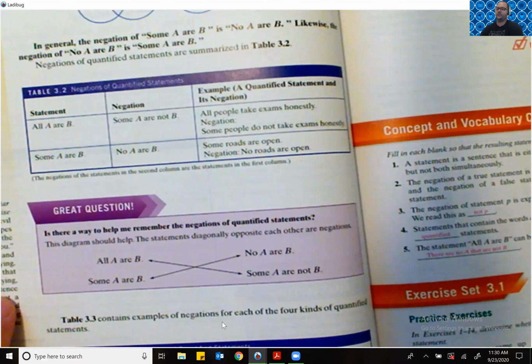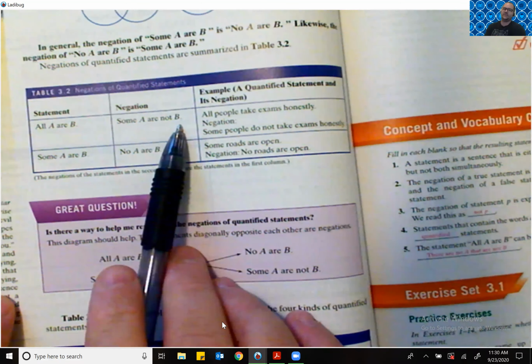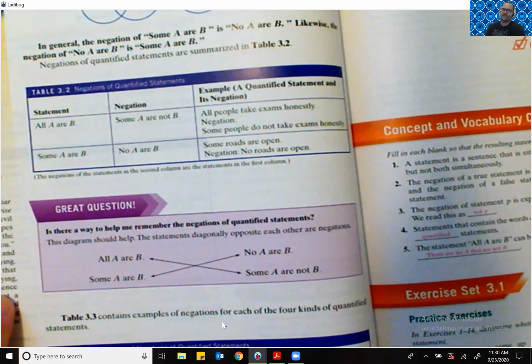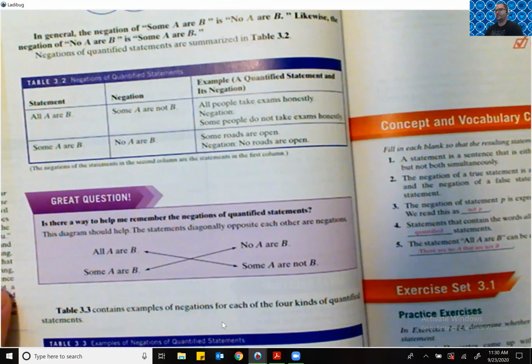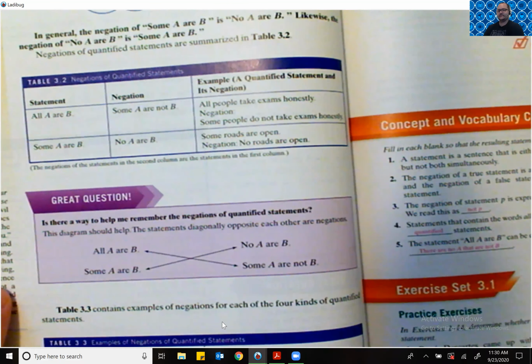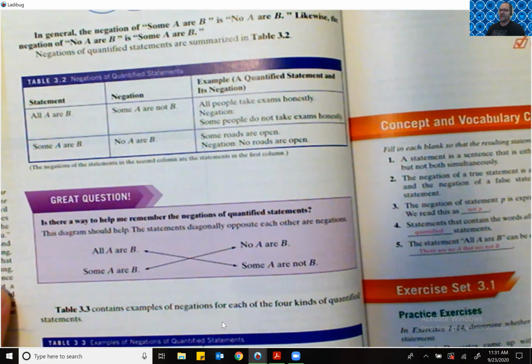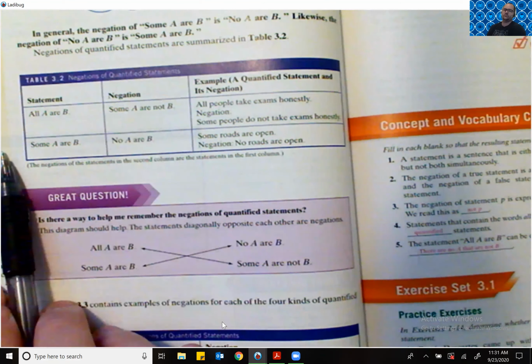Line 1 or line 2 has the statement. Which one? Where is that statement in here?